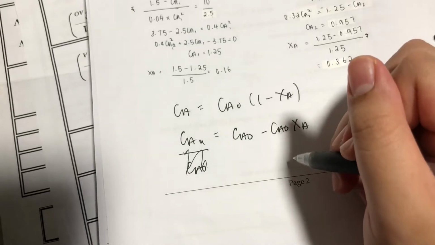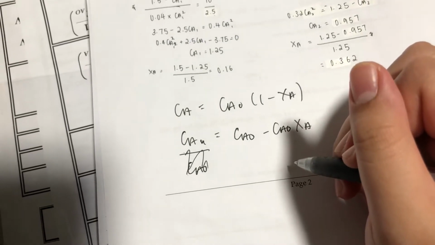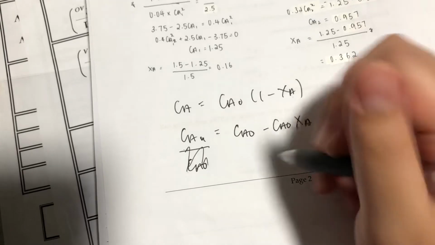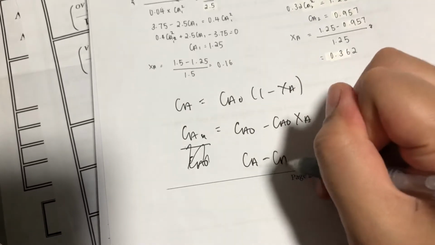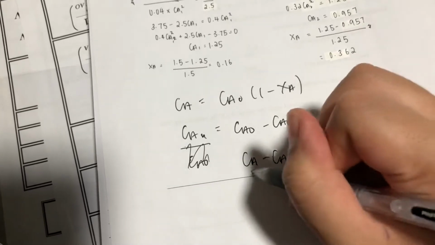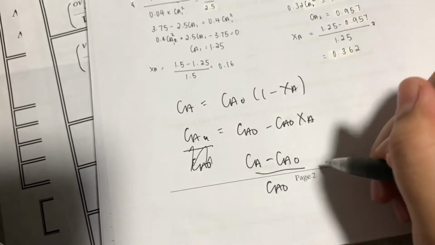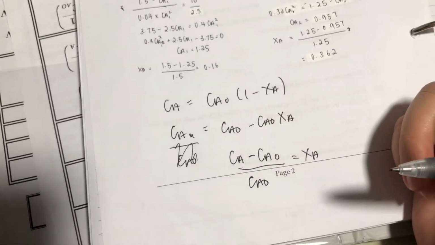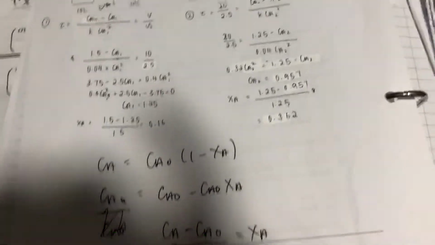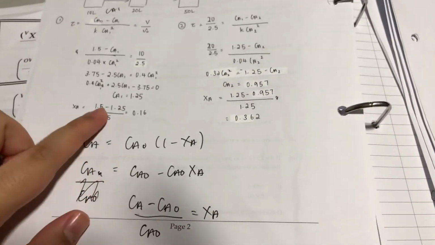So it becomes CA minus CA naught over CA naught equal to XA. And so this is my CA1, which I just found.